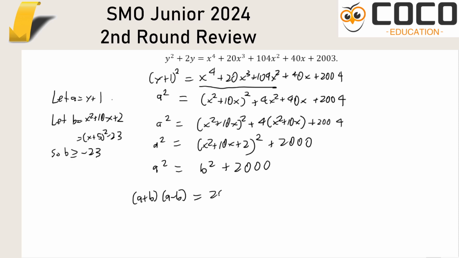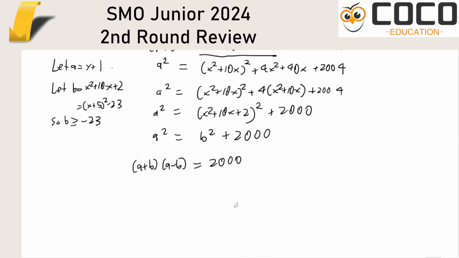Difference of squares is what I want. And since b is greater than or equal to negative 23, I can write everything down, just that it may take a while. So I'll write them all down. That is quite a lot.